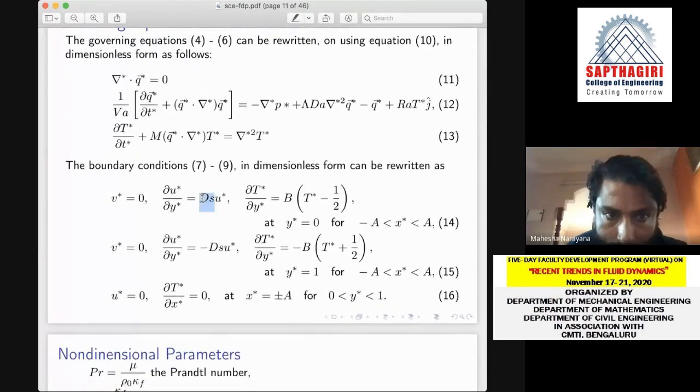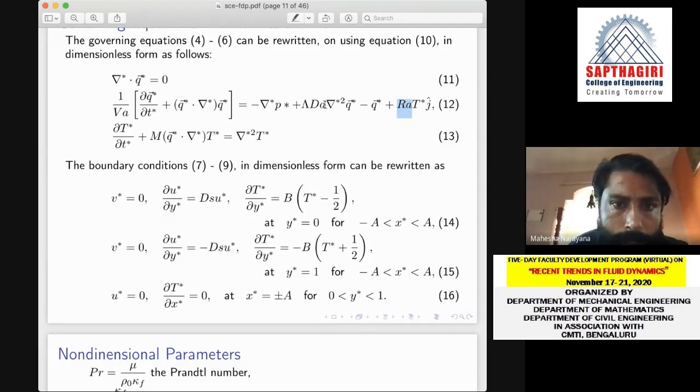Here we are getting ds, which is the slip Darcy number, and we have the Biot number B, and the aspect ratio A, which is the ratio of length to breadth of the enclosure. RA is the Rayleigh number, the Darcy-Rayleigh number.